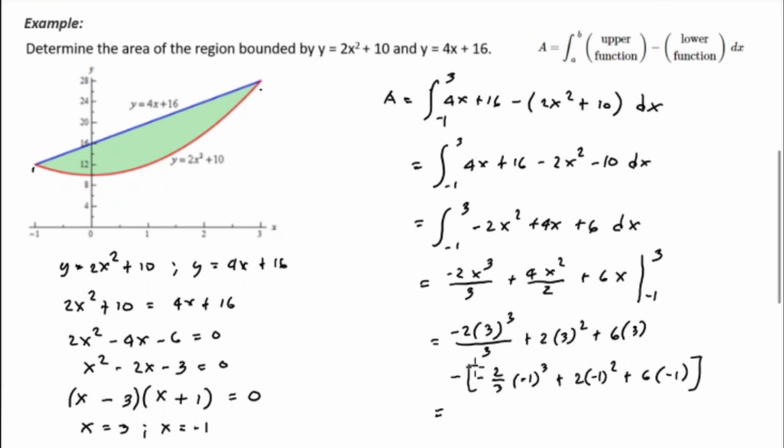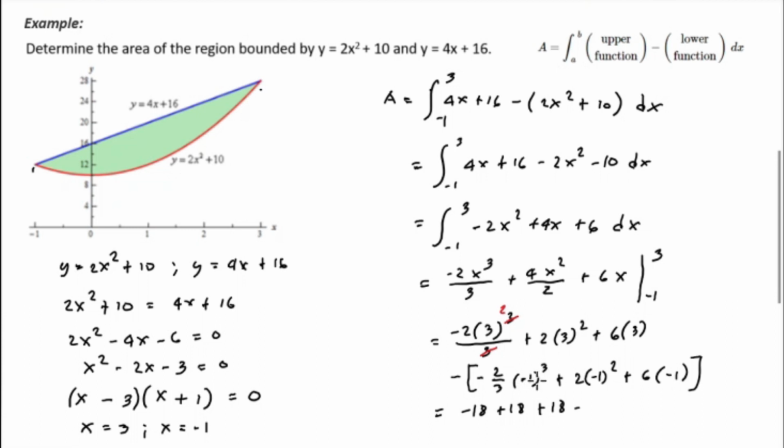So we have negative 2 times 3 times 3 times 3 over 3. We cancel out 3 and the remaining is 2, so we have 2 times 3 squared, or negative 18, plus 2 times 9 or plus 18, plus 6 times 3 is also plus 18, minus, so we have negative 2/3 times negative 1 cubed.